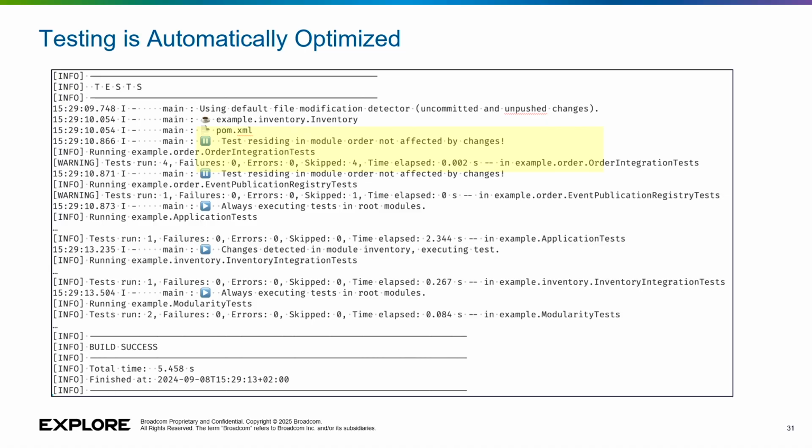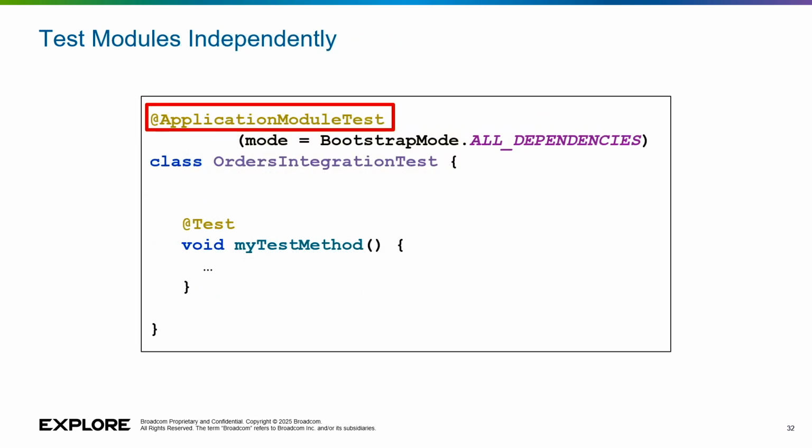So one is that because it understands where your modules are, it can tell if you've just changed the code for one module rather than others, right? So when you run your tests again, it can optimize and only run your tests for the module, for the code that you changed. So your local testing is a little bit faster. And also, when you write your tests with regular Spring Boot applications, you can choose to, for example, only load the web layer or only load the data layer.